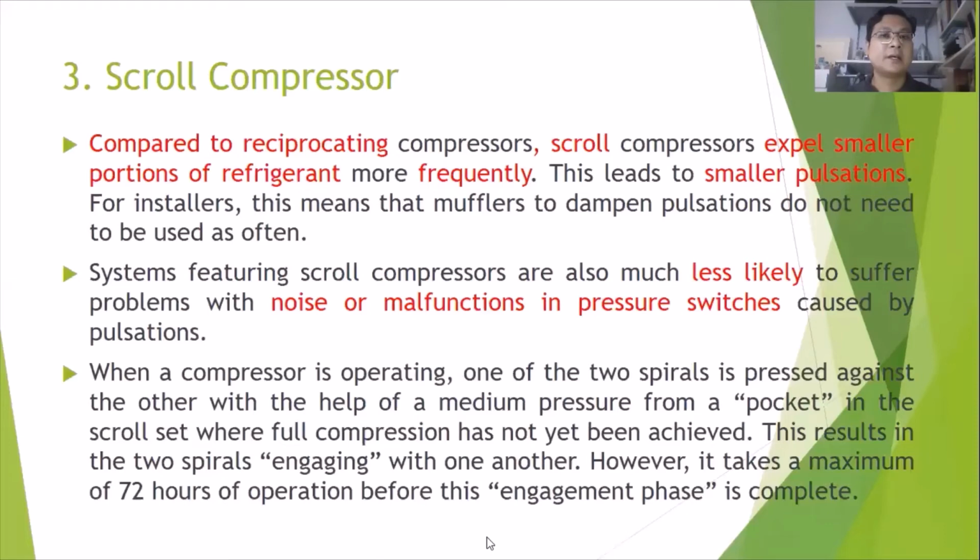Systems featuring scroll compressors are also much less likely to suffer problems with noise or malfunction in the pressure switch caused by pulsation. When the compressor is operating, one of the two spirals is pressed against the other with the help of medium pressure from pockets in the scroll set, where full compression has not yet been achieved.